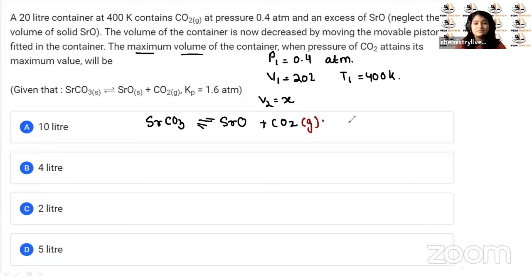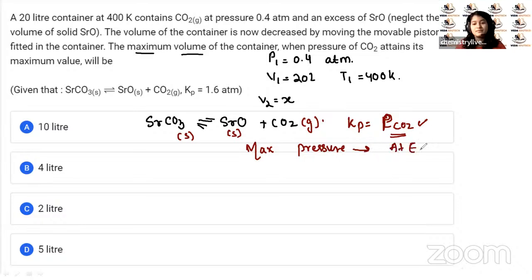It is going to be the pressure of CO2, because these both are in solid state, so they are not going to be considered. And your maximum pressure is going to be at equilibrium. This is the important key point here. So your pressure is going to be maximum at equilibrium, and here your P2 is nothing but 1.6.